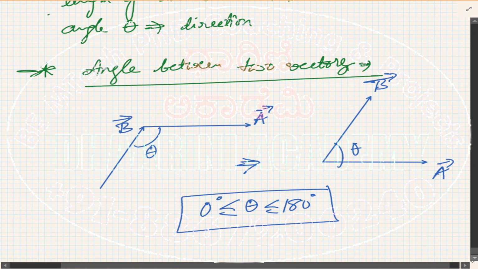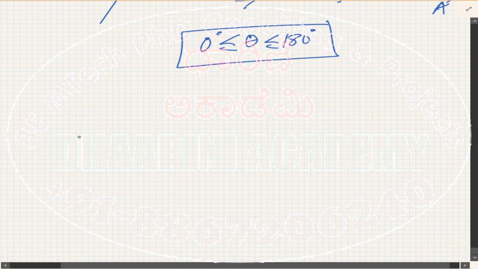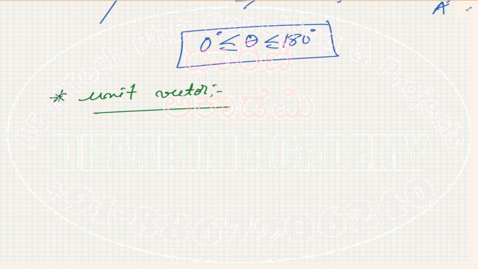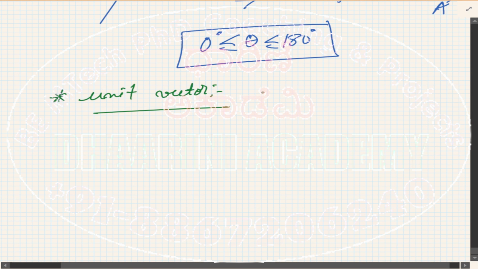Okay, now we'll look at the types of vectors. The first vector that we are going to look at is called a unit vector. A unit vector has unit magnitude. Any vector of unit magnitude is called a unit vector.